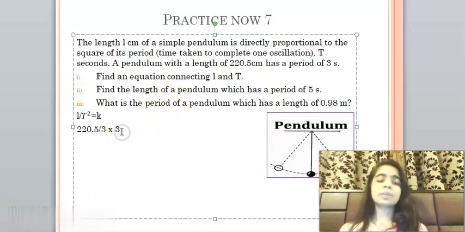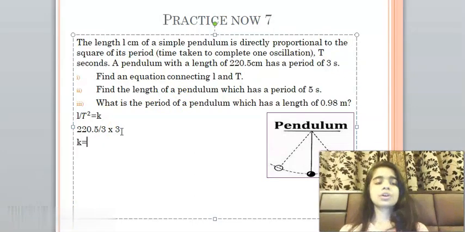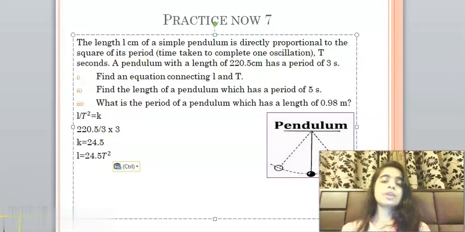So our K will be 24.5. So this equation will be L is equal to KT square. Okay. So L equals 24.5 T square. So we have completed our part 1.